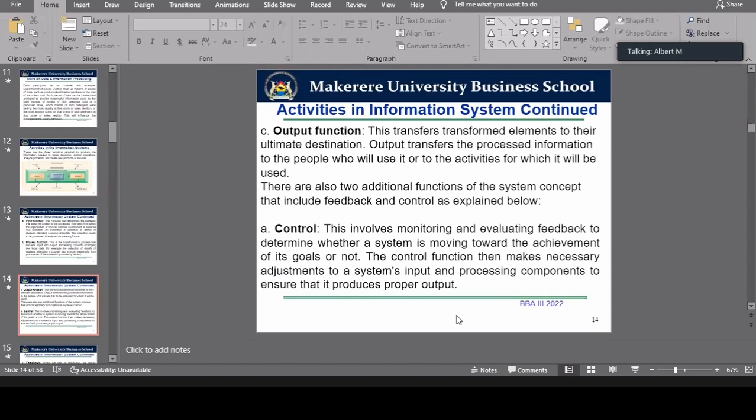So every now and then we evaluate and check if our system is performing the way it should be performing, for us to be able to get what we want.